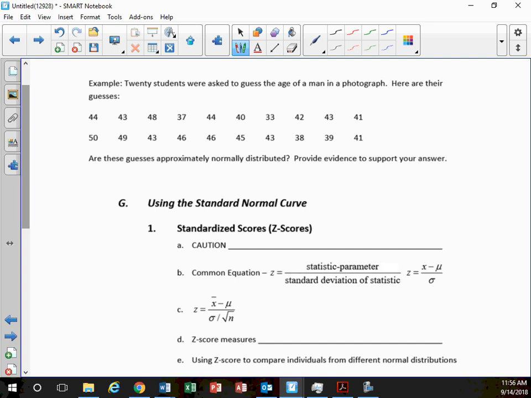So we have 20 students. They were asked to guess the age of somebody in a photograph. Are these guesses approximately normally distributed? Okay. So let's put the values into your calculator. Maybe I will show you today the normal probability plot. Go ahead and get out your calculator.